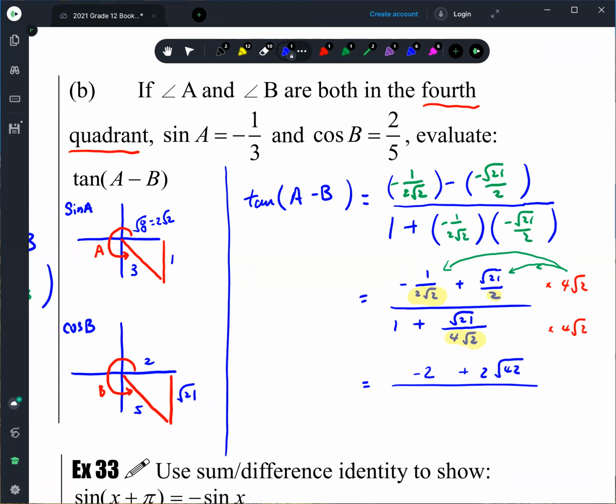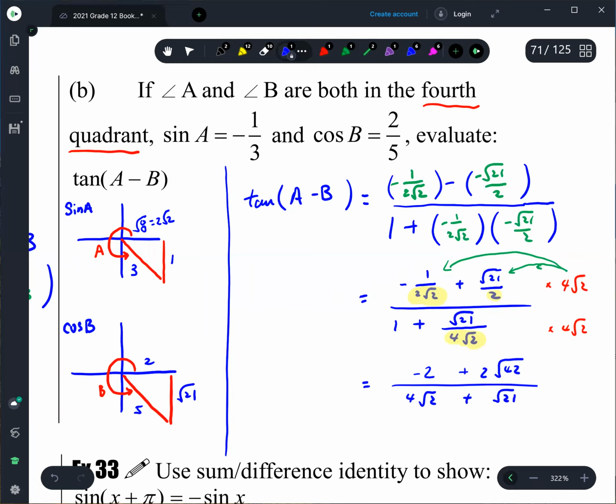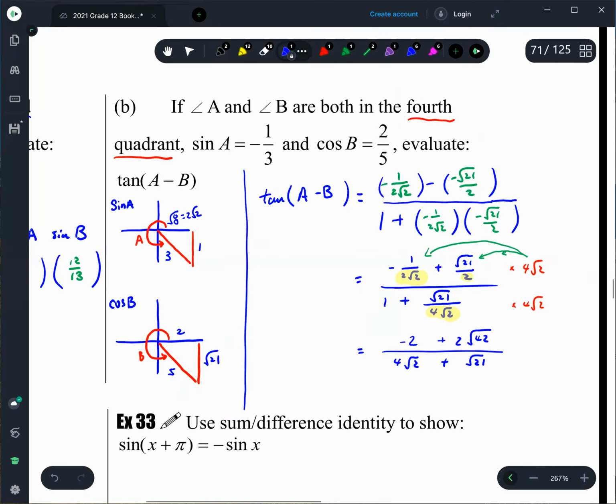We're going to move on to the second one. Same thing, we multiply with the 1, so that gives us 4 root 2. For the second one, you just have root 21. Of course you can rationalize the denominator by multiplying by the conjugate, but we're not going to do that.